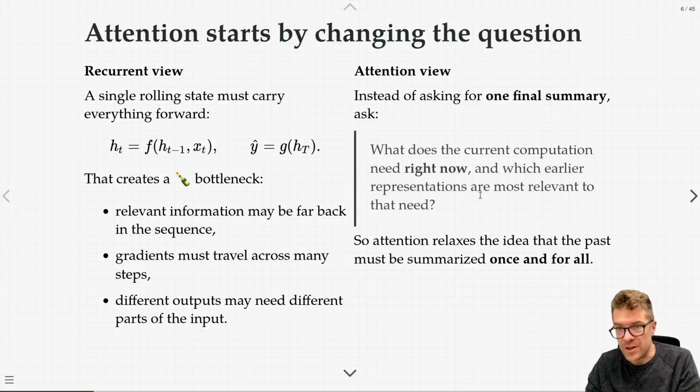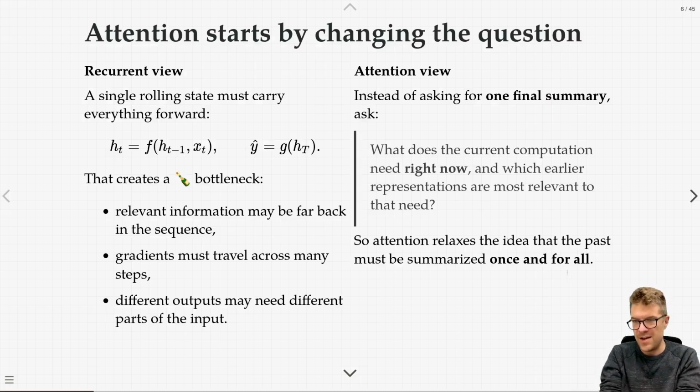So with attention, what we want is, instead of getting a single summary, like this is all the information of the French sentence is here in this vector, now you go ahead and decode it.